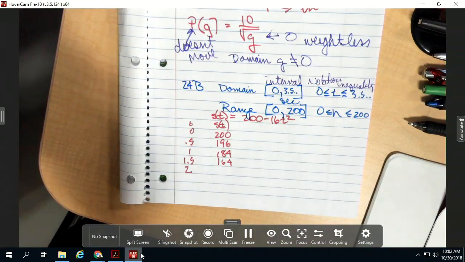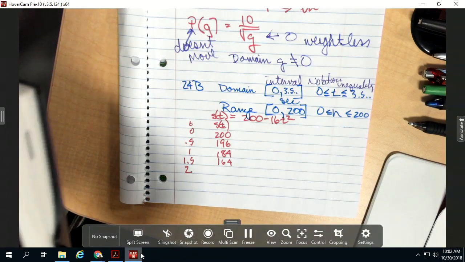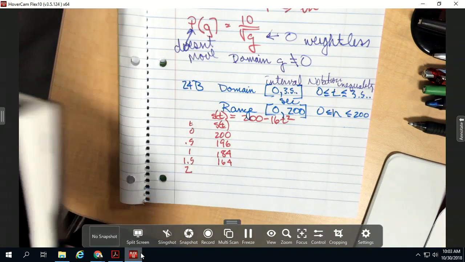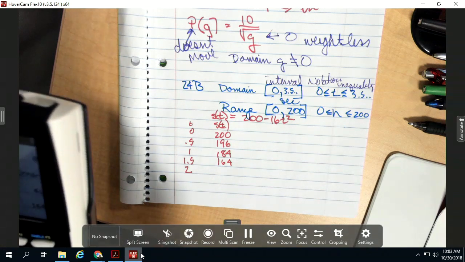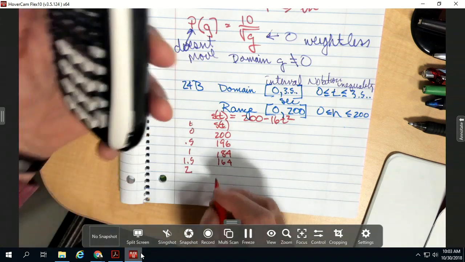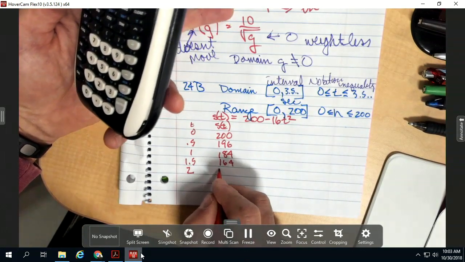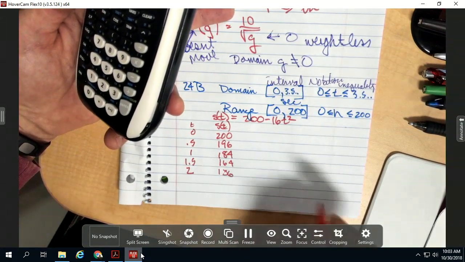And then the last one, 200 minus 16 times 2 squared. What'd you get? 136.